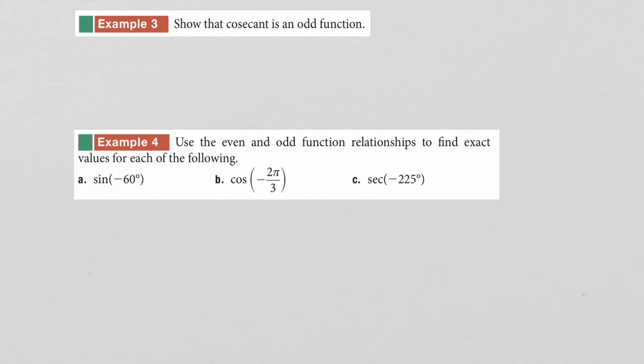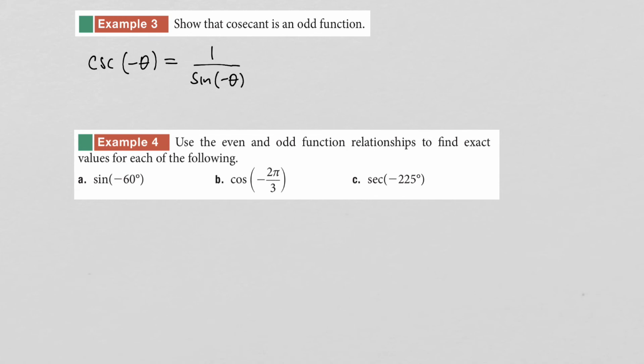Well, we start by saying cosecant of negative theta would be equal to what? What do we know? Well, we know no matter what, cosecant of any angle is the reciprocal of sine of that same angle. So cosecant of negative theta is 1 over sine of negative theta.